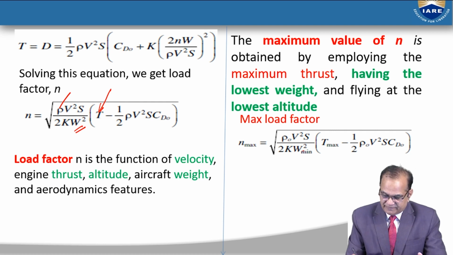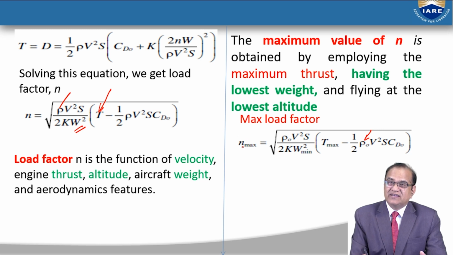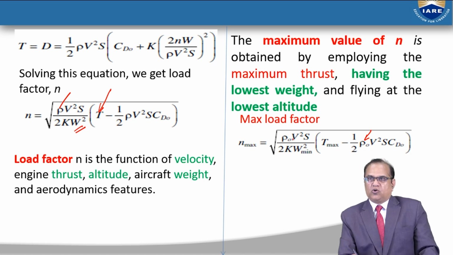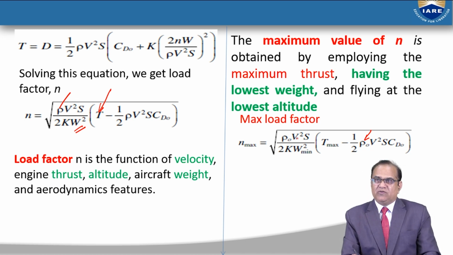So if we make the weight a minimum, thrust a maximum, and rho naught lowest, we will get the maximum load factor. The maximum load factor n max is equal to the square root of rho naught V square S divided by 2K W square, minimum, times T maximum minus 1 by 2 rho naught V square S CD naught.